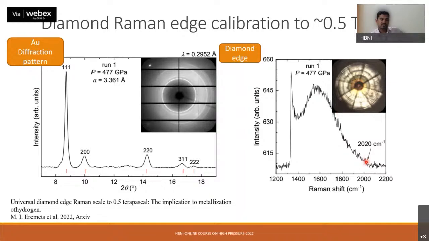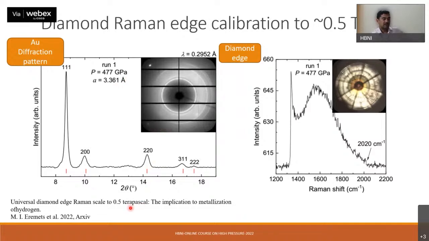So this is 20 centimeter inverse around, which corresponds to 477 GPa. And this is the diffraction pattern of gold inside the diamond anvil cell, fitted, and its lattice parameter comes out to be 3.361.